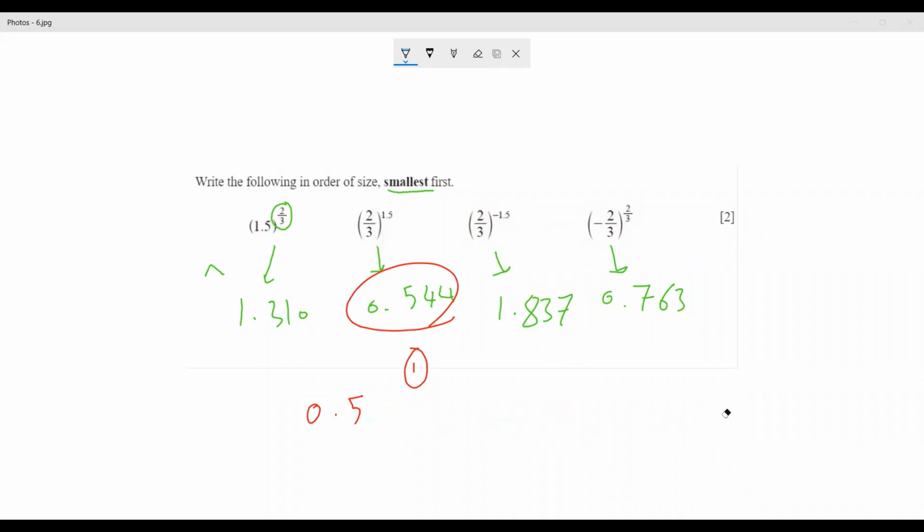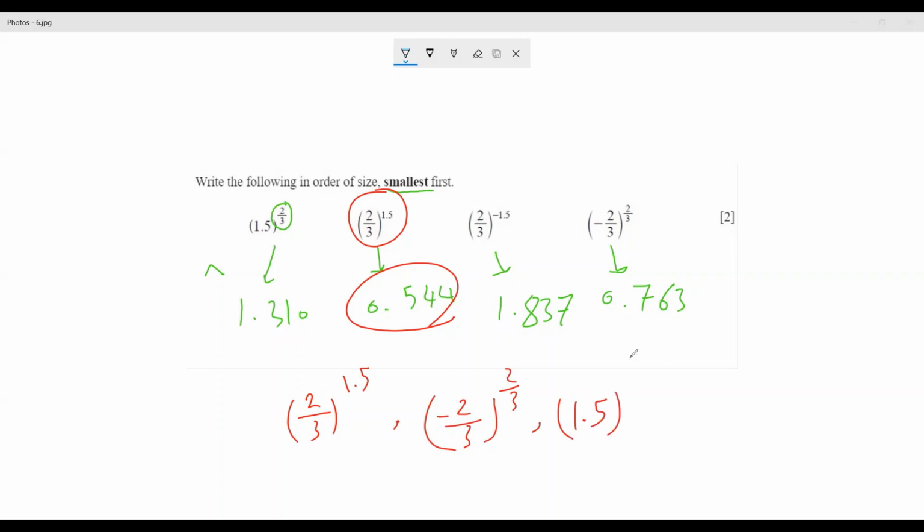I have to write the original number itself. So yeah, I have to write this guy. So 2/3 raised to the power of 1.5, and then negative 2/3 raised to the power of 2/3, and then moving on to this guy, and lastly 2/3 raised to the power of negative 1.5.